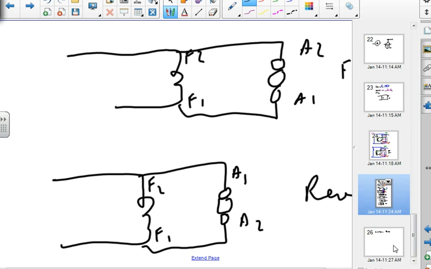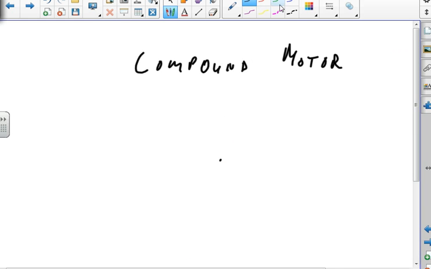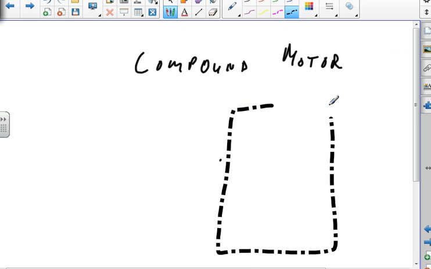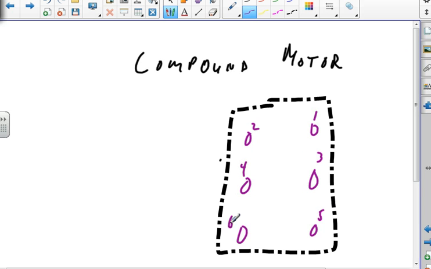Okay. So now we're going to draw another picture for the compound motor. One, two, 3, 4, 5, 6. Now, the most complicated, in 17 years, we've had to hook up 2 motors that were more complicated than what we have in the lab.